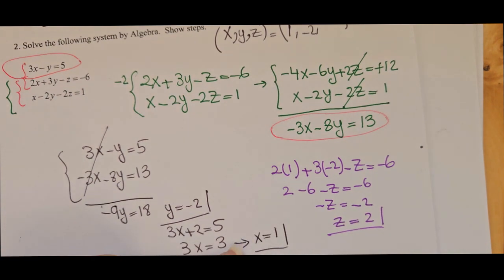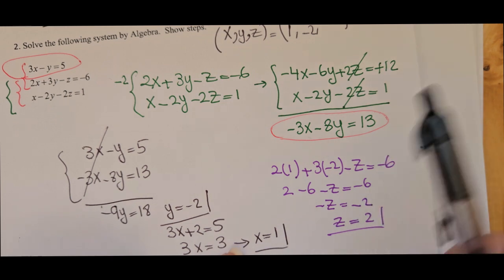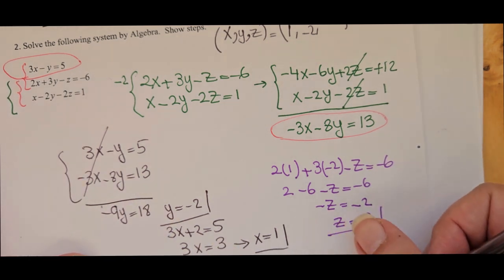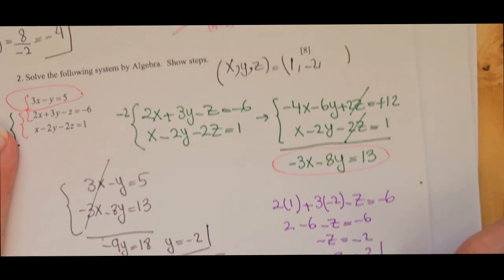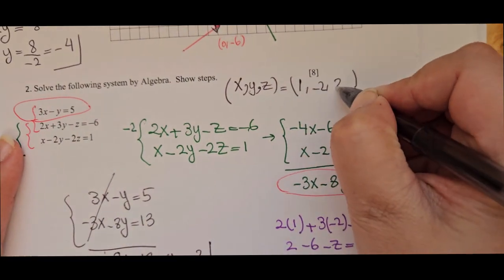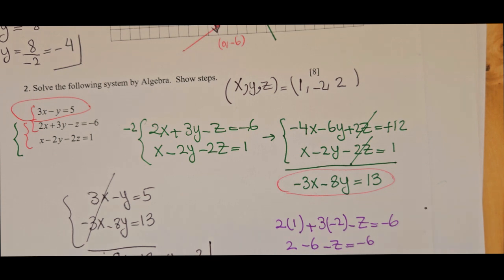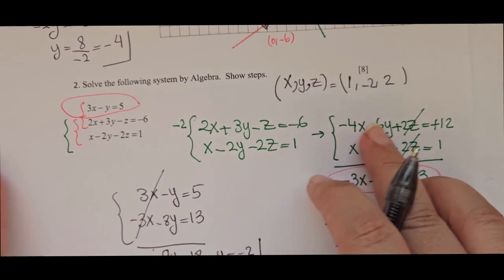And now we found the value of the three variables: x being 1, y is negative 2, z is 2. I suggest not to stop here. Go back and check your answer. Make sure the answers you found are correct. In order to do so, we have the values of x, y, and z.